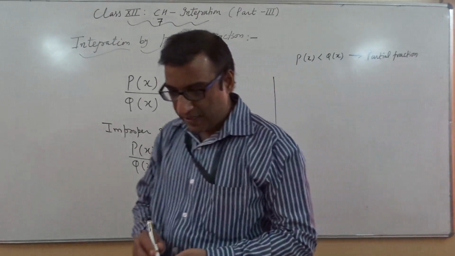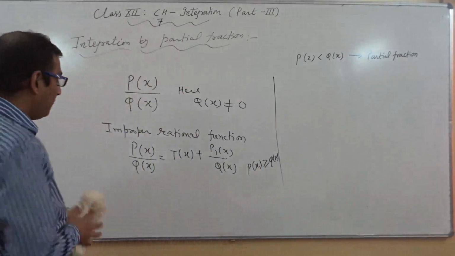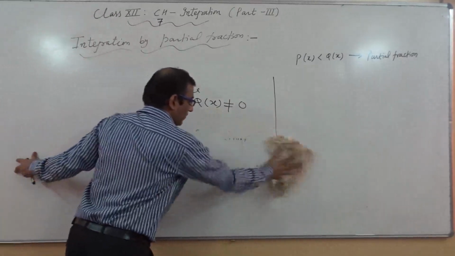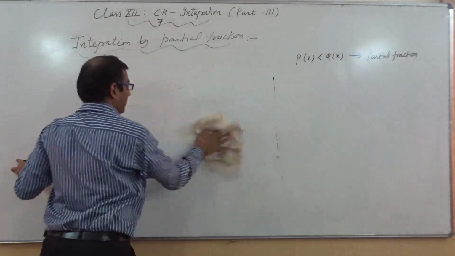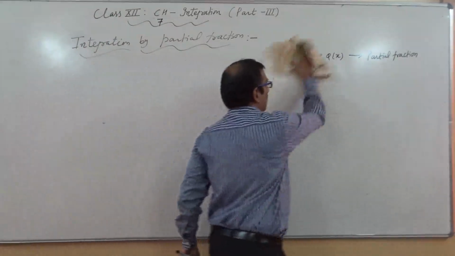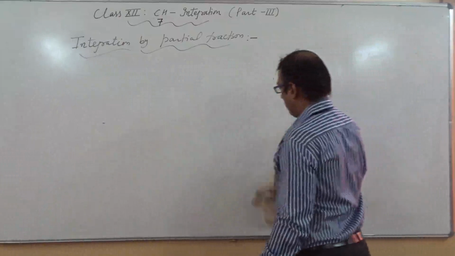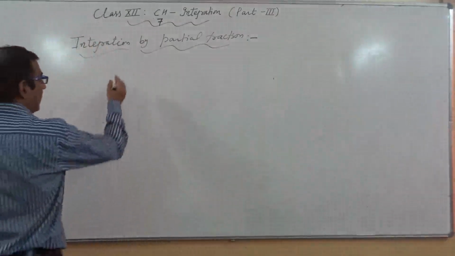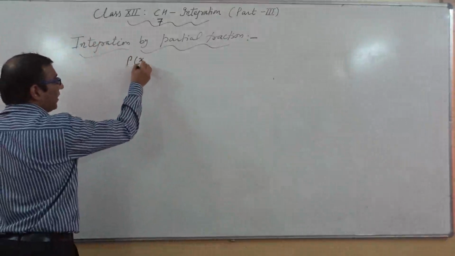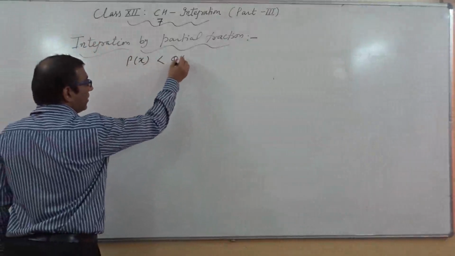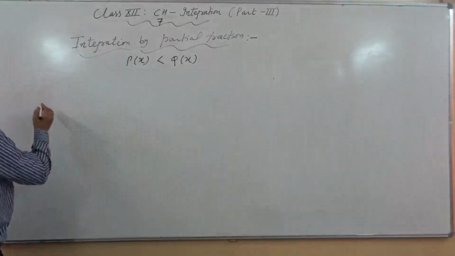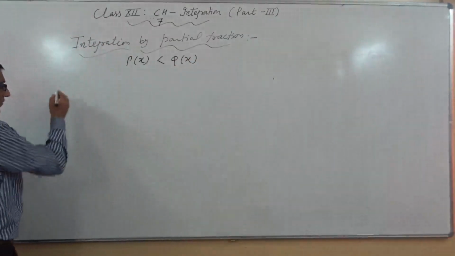Now I am continuing with the table of partial fraction. It means what happens when the degree of the P polynomial is less than the degree of the Q polynomial. So the table is related to partial fractions.